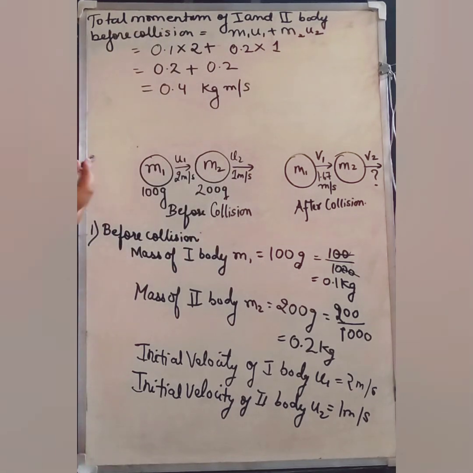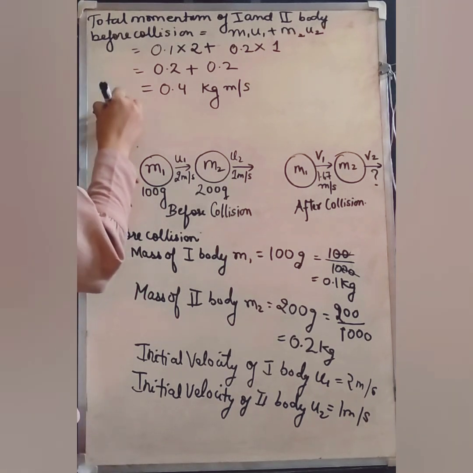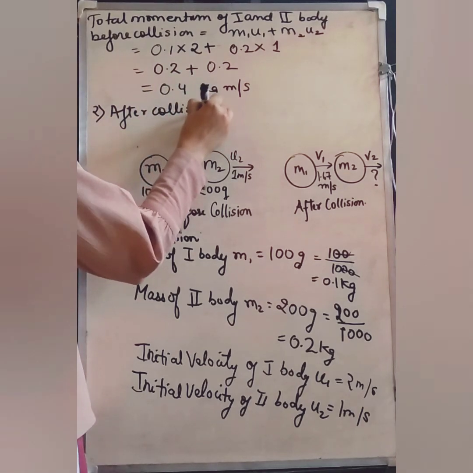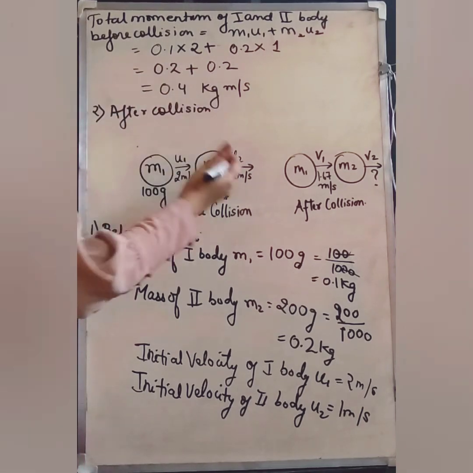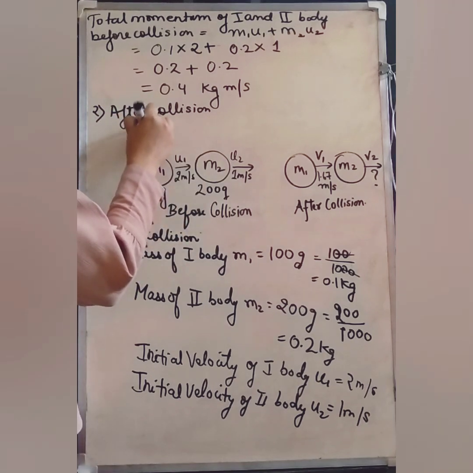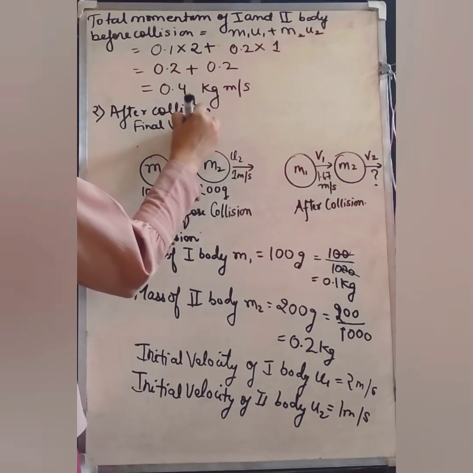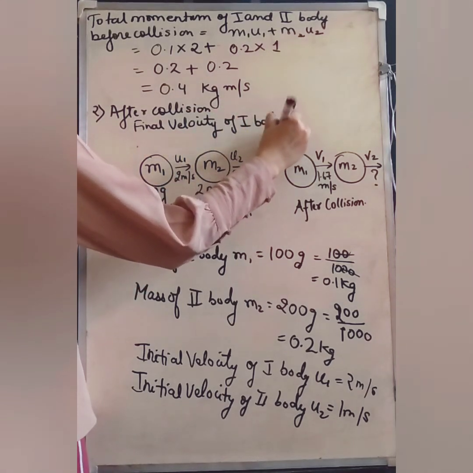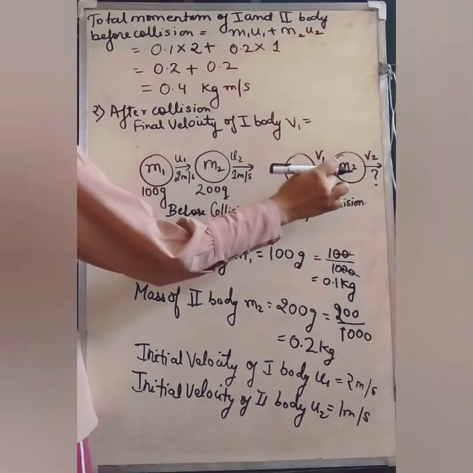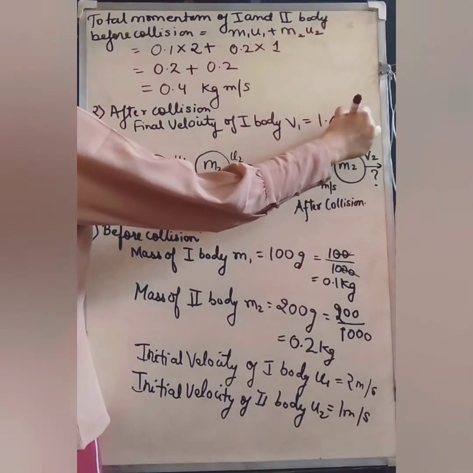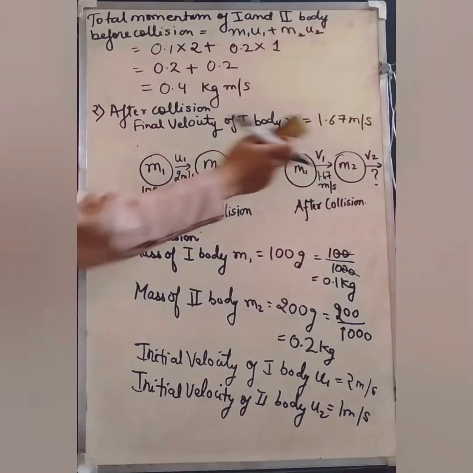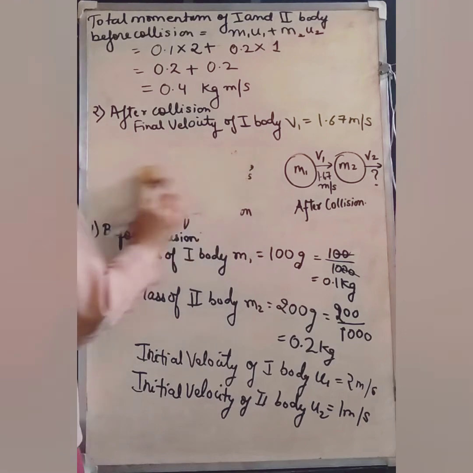Now we have to find the second situation, that is after collision. Students, after collision the mass of the two bodies will remain the same, but the final velocity of the first body, that is v1, has become 1.67 meter per second, and we have to calculate the final velocity of the second body.